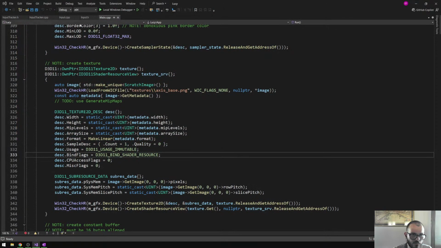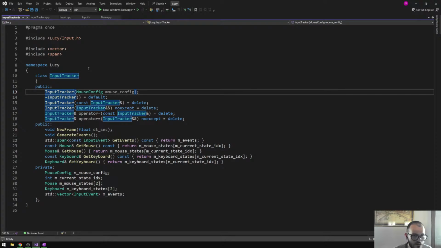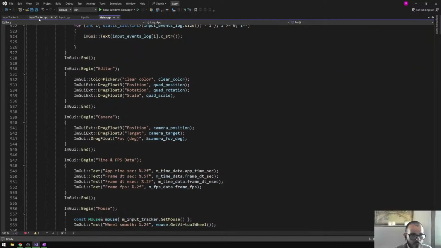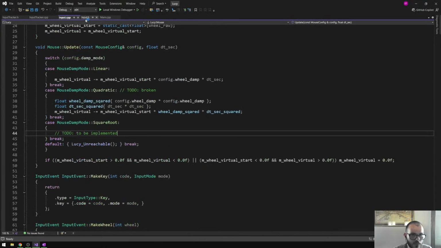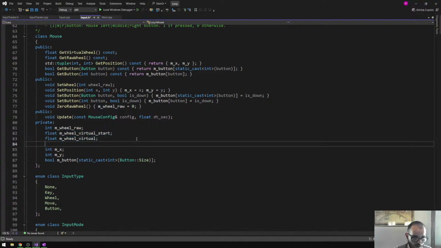Okay, so now obviously the problem persists because we did nothing about it, but the solution is very interesting because we need in our mouse the wheel row value, okay, with virtual start, the wheel virtual, but we also need the last wheel event time in seconds.